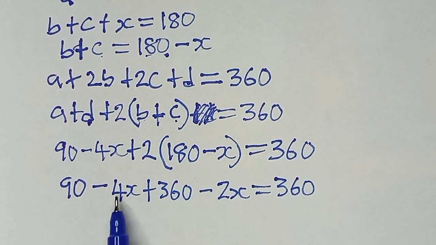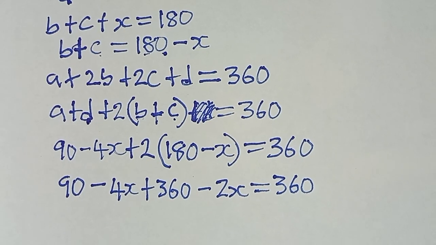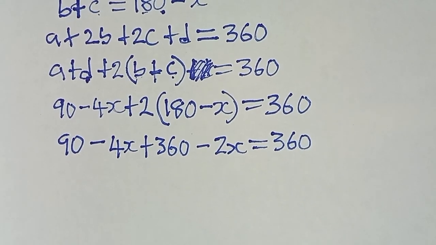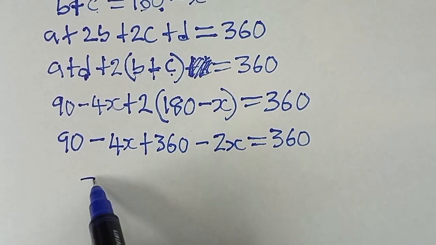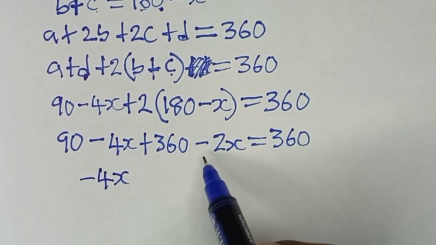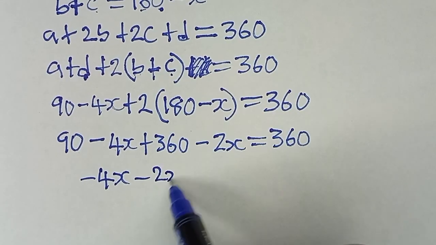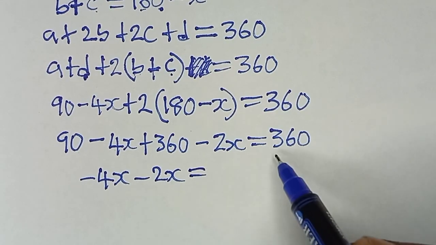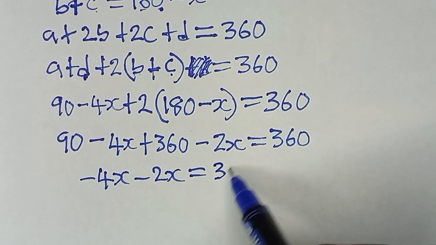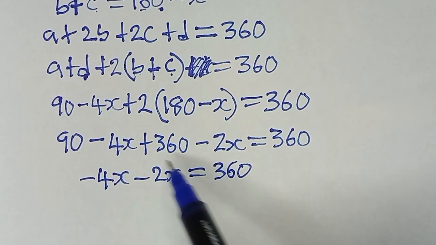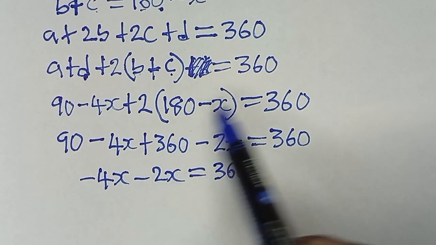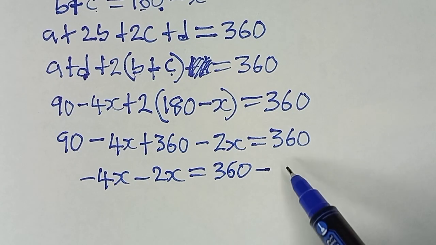So let me leave the terms in x on the left-hand side and take the constant values to the right-hand side. So I'll be left with minus 4x minus 2x on this side. So I have minus 4x. And then I also have minus 2x on the left-hand side. And it's equal to this 360. I'll write it down now. Then this plus 360, if it comes to this side, becomes minus 360.